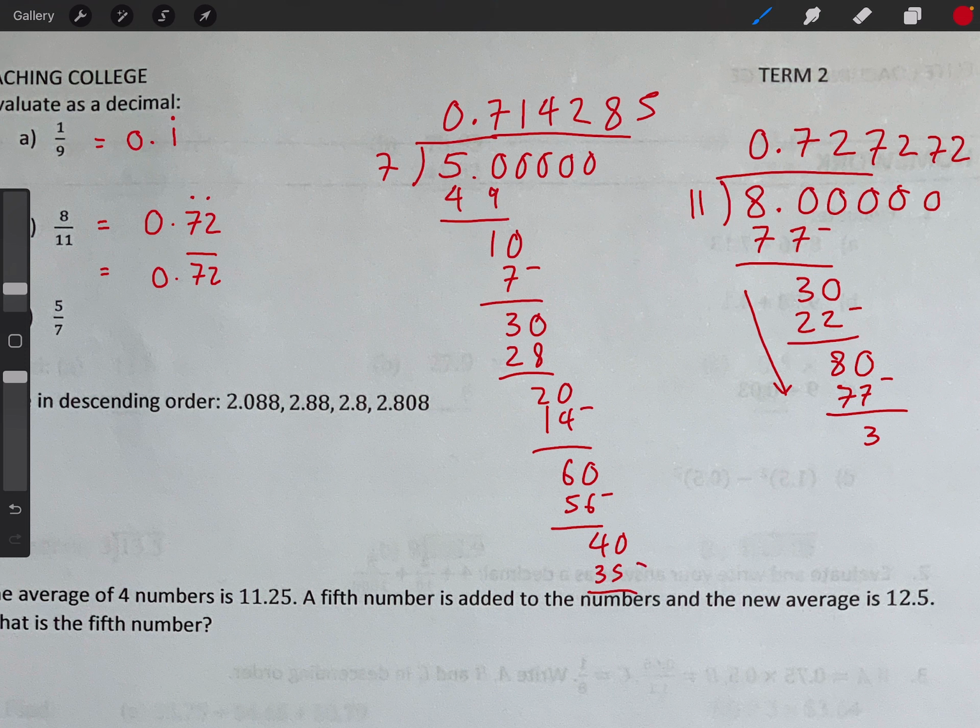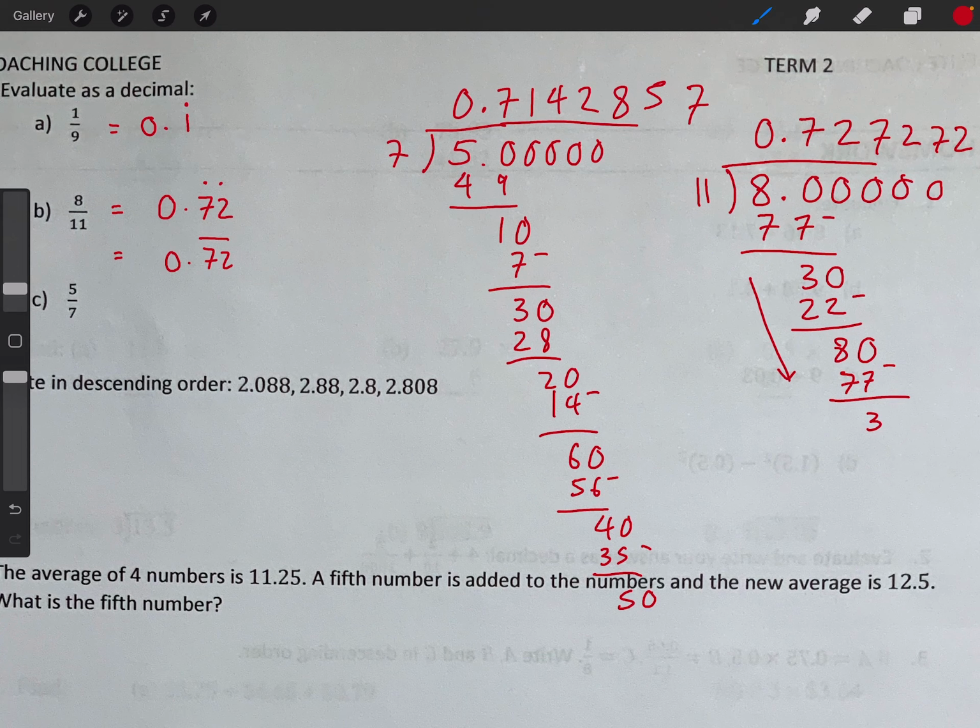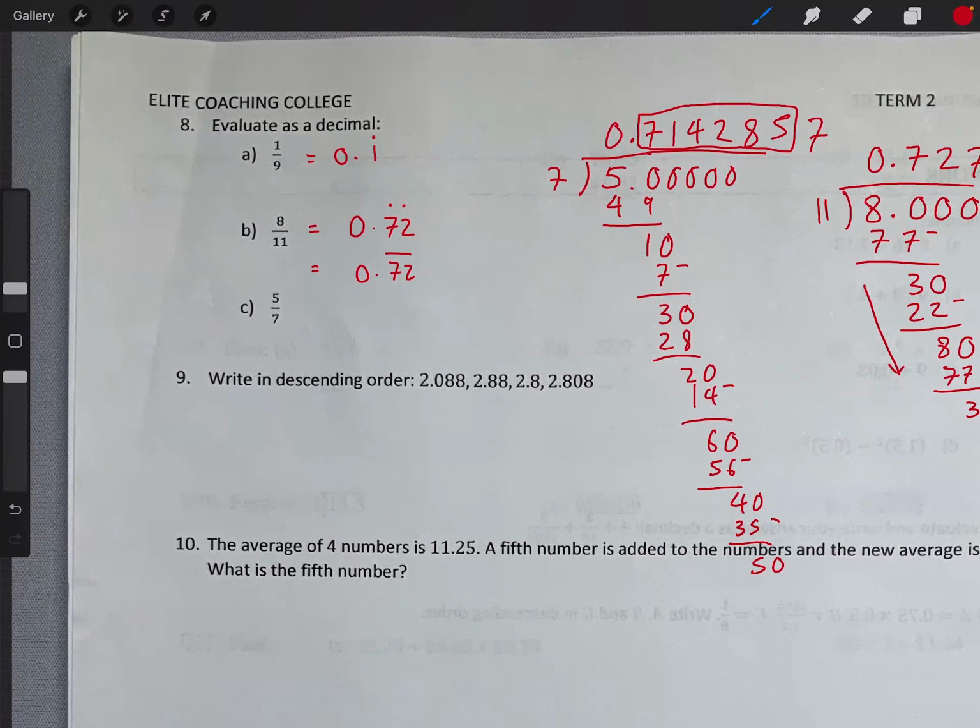And then you get a remainder of 5. And then we're back to 50 again. So this will be a 7, obviously. Therefore these numbers are going to repeat. So you're going to write 0.71428. Just put a dash on top of the whole thing, and that means those numbers will repeat.